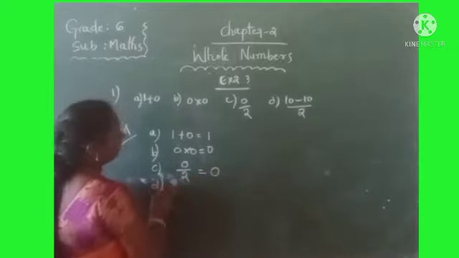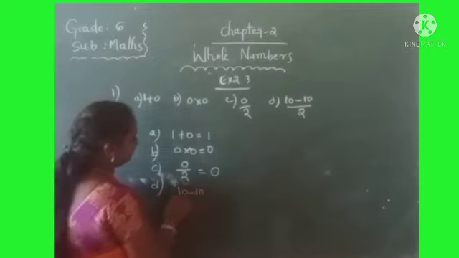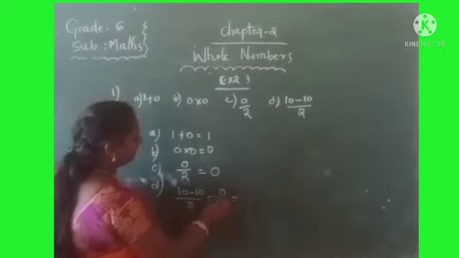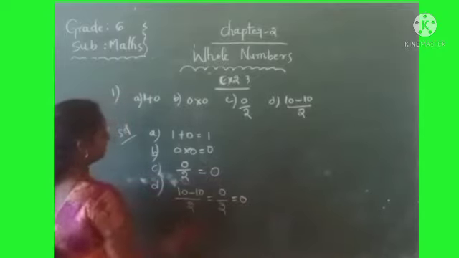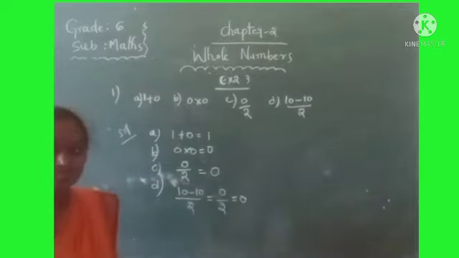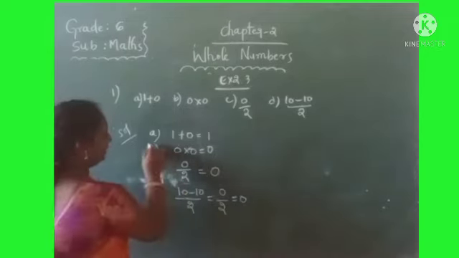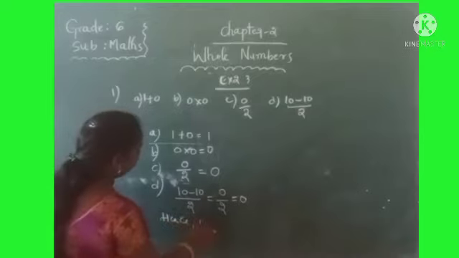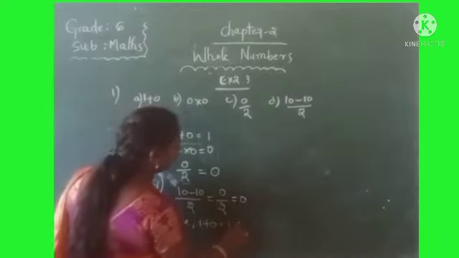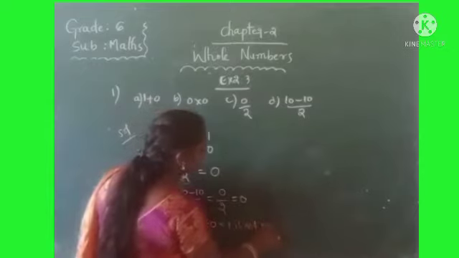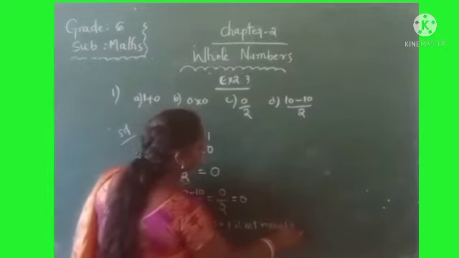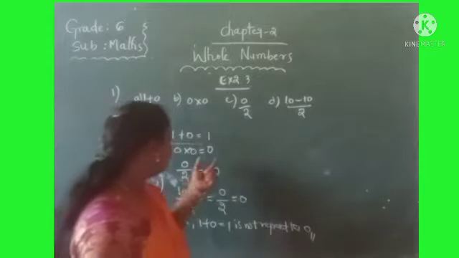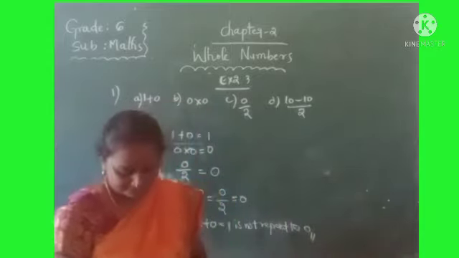Very good. 10 minus 10 by 2: 10 minus 10 is 0, and 0 by 2 is equal to 0. Among these four options, which one is not representing 0? A. Hence, 1 plus 0 is equal to 1, which does not represent 0.